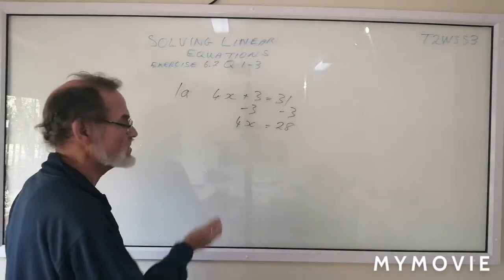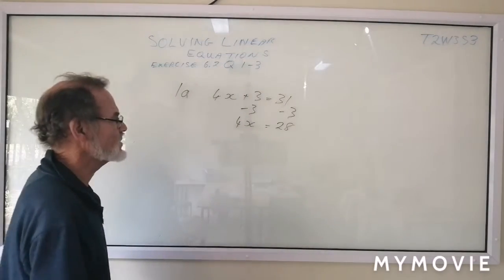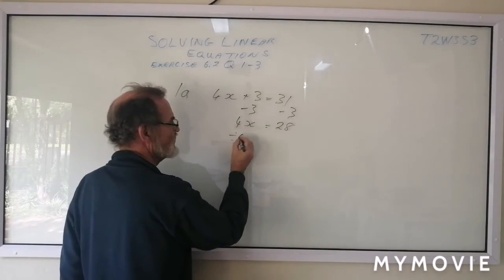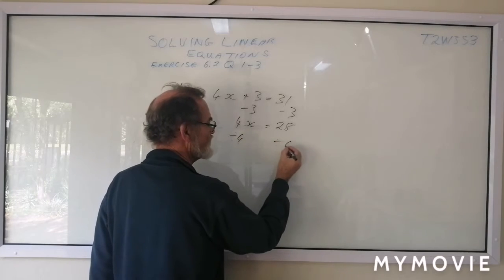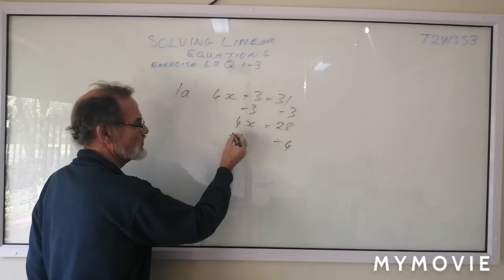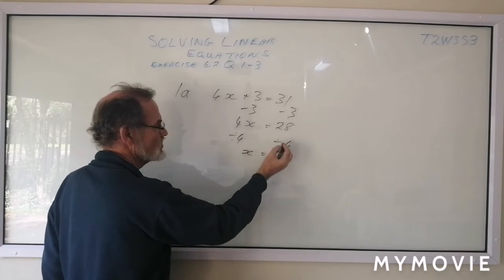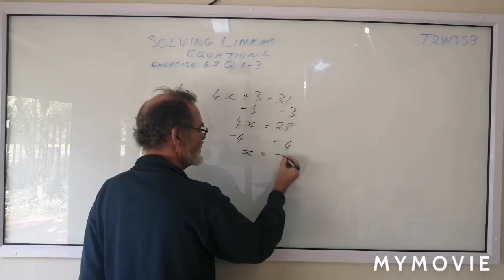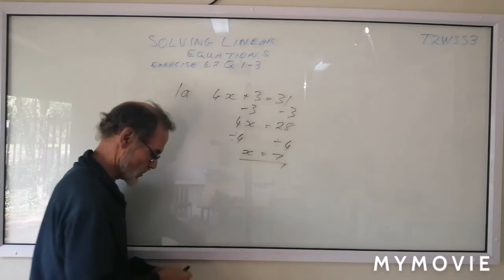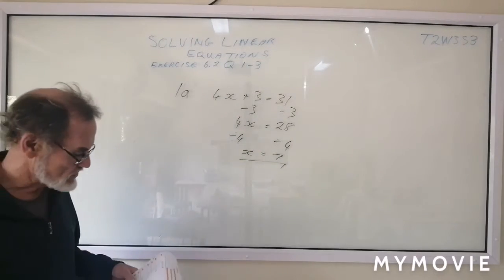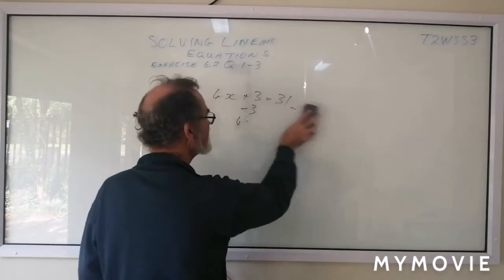You always do the opposite to what it's doing. If it's multiplying, we've got to divide by 4. Both sides divide by 4. So 4 divided by 4 is 1, so you're left with x. And this is equal to 28 divided by 4, which is 7. There you are. Then we move on to question 1g.